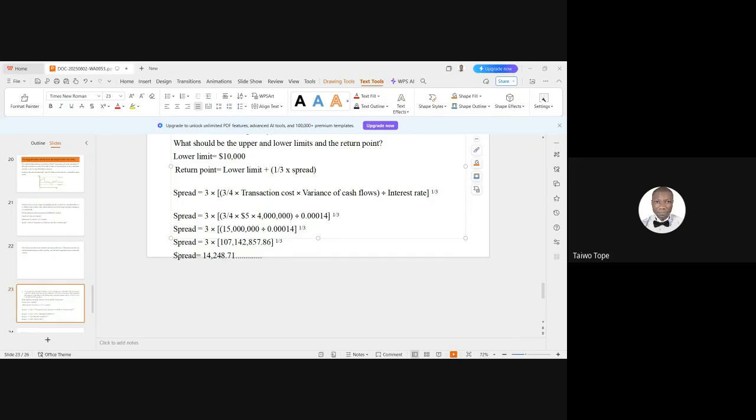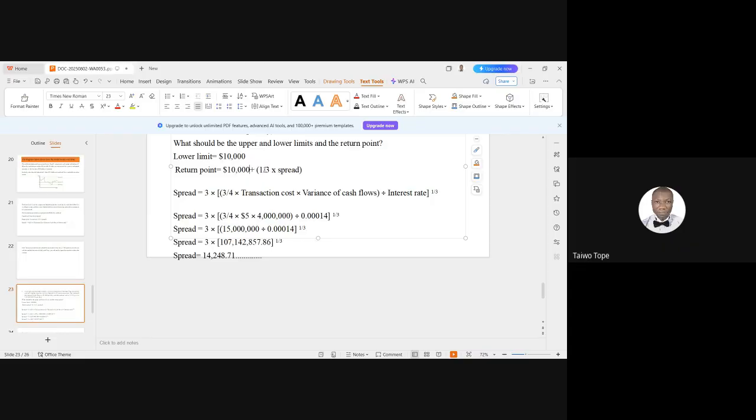Then you have your spread. So now that you have the value of your spread, you can go back to your solution to get your return point.